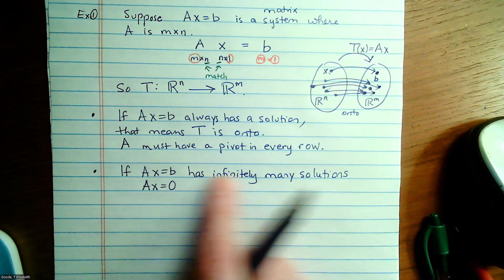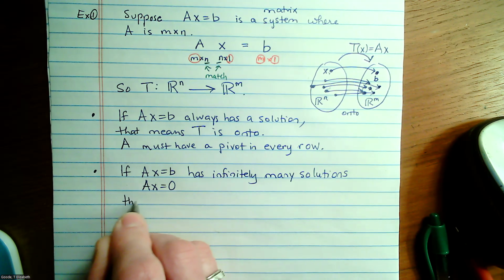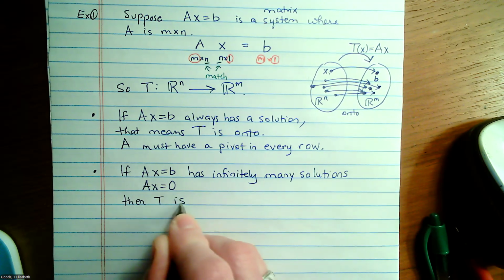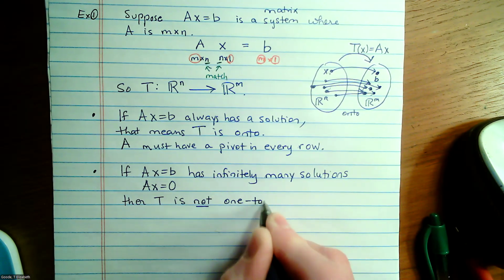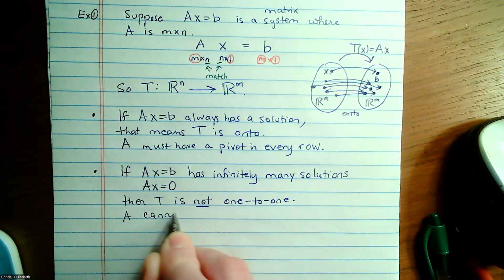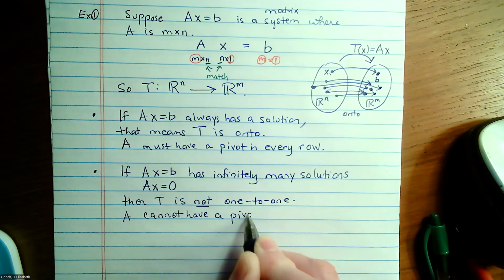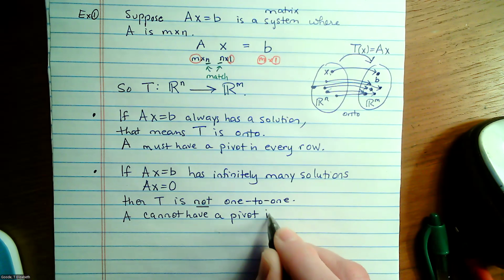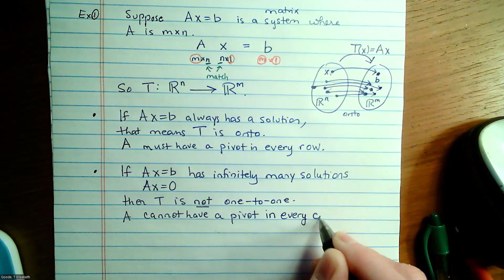It's almost easier to just think about the homogeneous situation. If AX equals 0 has infinitely many solutions, then T is not one-to-one. And that means A cannot have a pivot in every column. You've got some kind of free variable going on to generate infinitely many solutions.